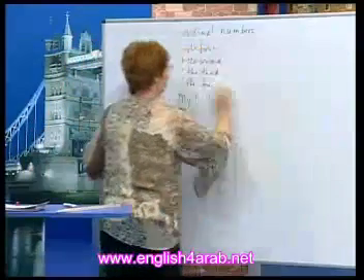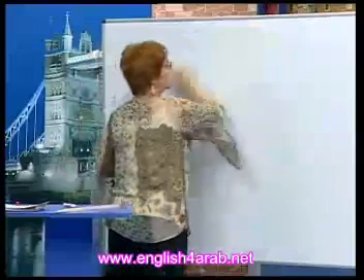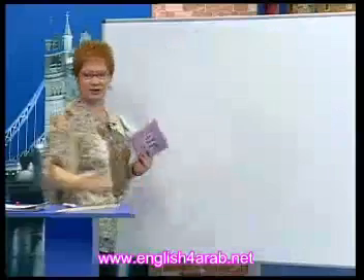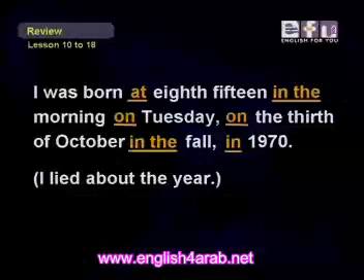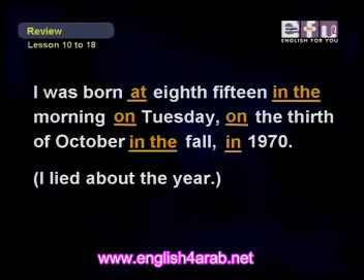Okay, now I'm going to show you a long way to tell you about my birthday. Now, here we go. I'm going to use my red pen so that you can see all the prepositions as we go. Okay, so I was born at 8:15 in the morning on Tuesday on the 3rd of October in the fall in 1970.